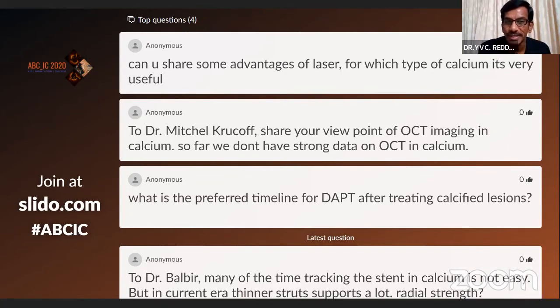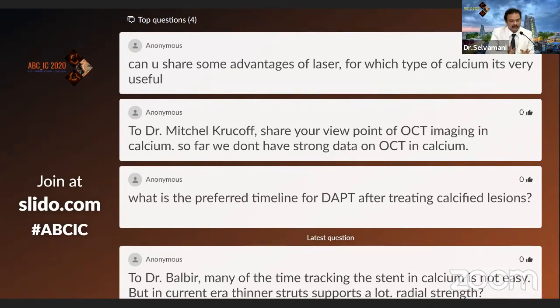Yeah, but probably when we can't cross with a wire, laser comes in. For example, if you can cross a wire but are unable to take the balloon, we'll have to take a rota. And there are some cases where you just cannot cross the wire. Probably there laser will be useful. And anyhow, we don't have a laser here, and it's only theoretical knowledge. Probably Krukov sir might have some experience.